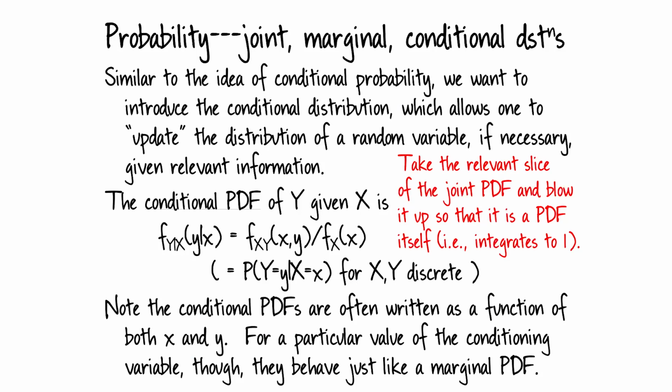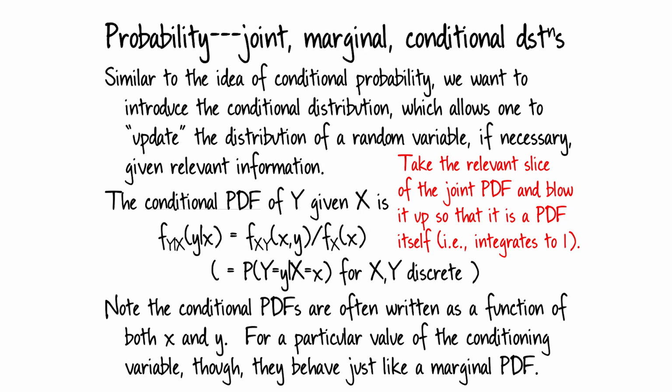Another way to think, and we'll see this graphically in a second, that I find useful about conditional distributions is that we're taking a slice of the joint distribution. We're taking the relevant slice, which corresponds to a value of the conditioning variable. Once we take that slice, we have something that looks like a PDF, but in general it's not going to integrate to 1.